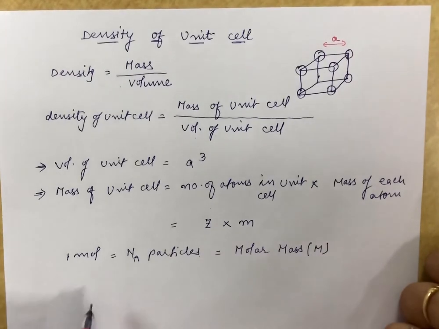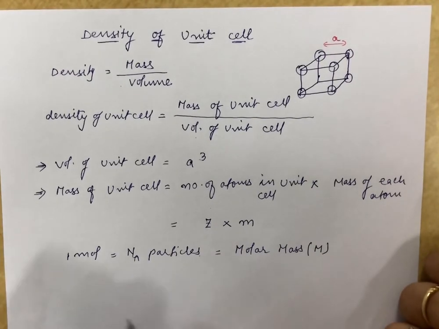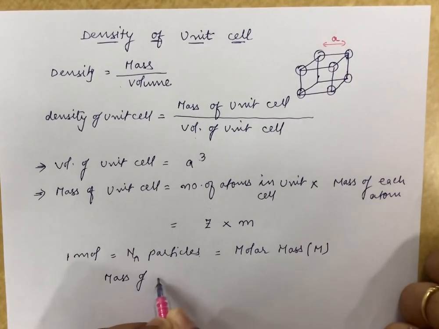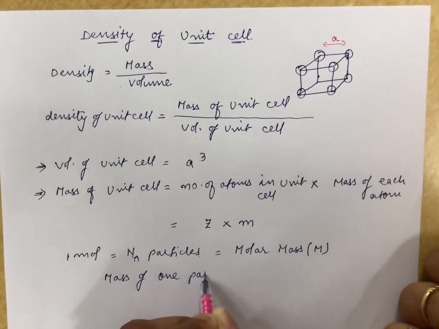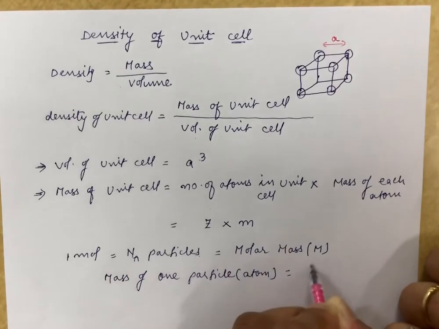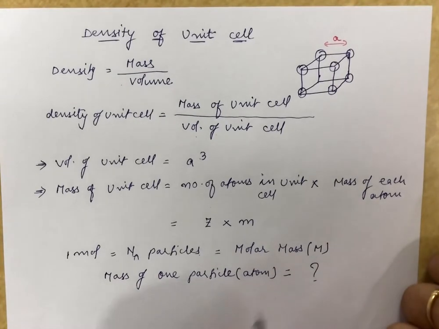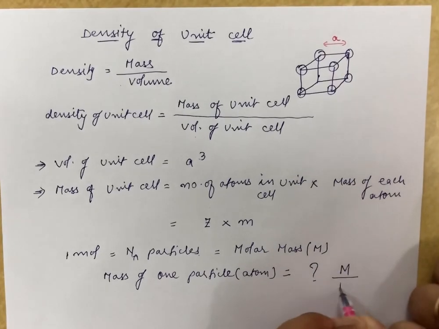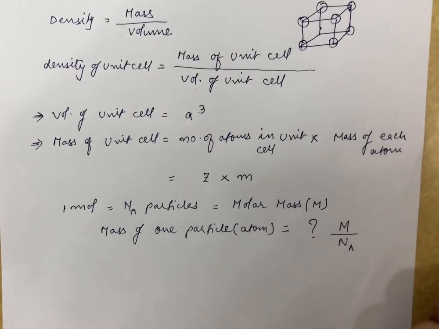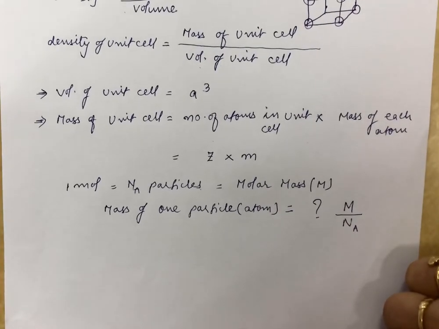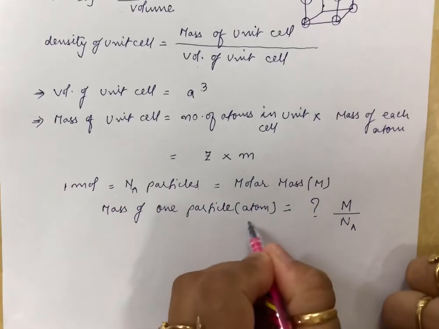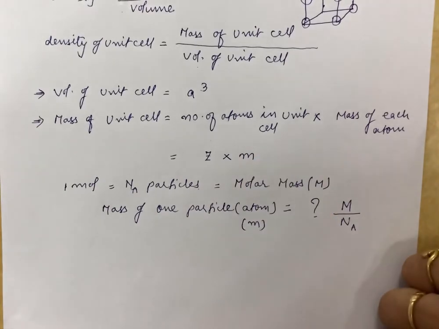Let me write the molar mass as capital M. Now if I wish to find the mass of one particle or one atom, it would be M by Na. I hope this point is understood to all of you, where capital M is the molar mass. So this is the mass of one particle, which I write as small m.